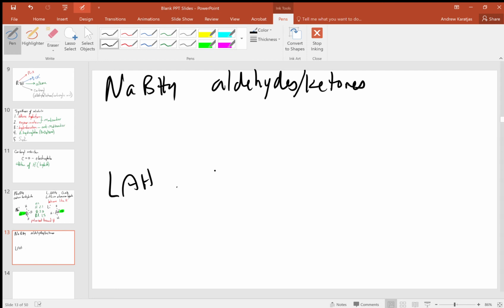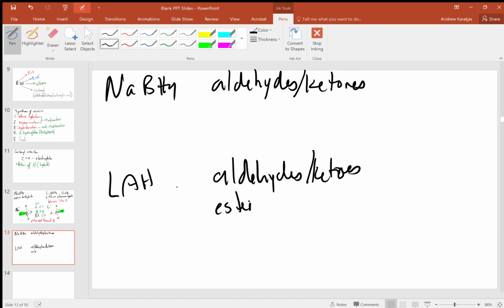So LAH, in addition to aldehydes and ketones, can also reduce esters, amides, and carboxylic acids.